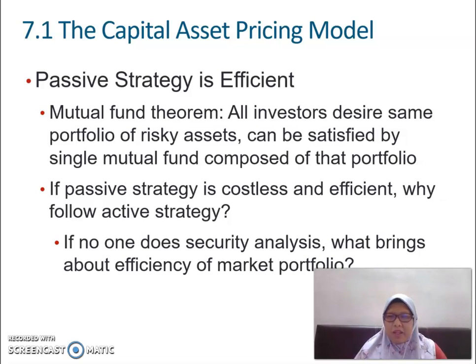However, we are not the same, isn't it? Not all investors are the same because our bravery level is different. Our risk aversion level is different. That's why some want to have more control in their portfolio and use an active strategy, maybe like Tina just now. Tina does not just want to let the market manage his portfolio. His risk aversion might be higher and he wants to control the management of his portfolio.